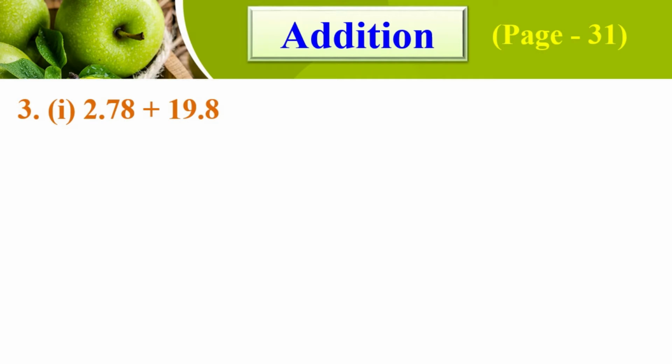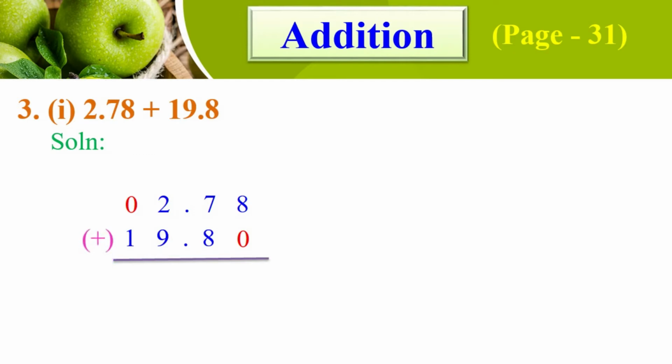Let's see addition of decimals. First question: 2.78 plus 19.8. Here two decimal numbers are given. Now we can add them. Let us find the solution. Write the decimal numbers according to their place values: 2.78 and 19.8. Now some digits are missing, so put 0. 8 plus 0, 8. 7 plus 8, 15.